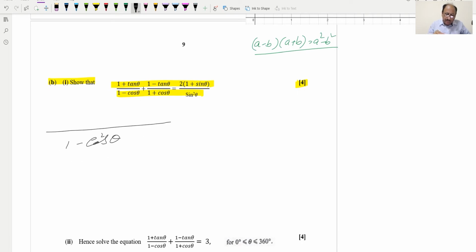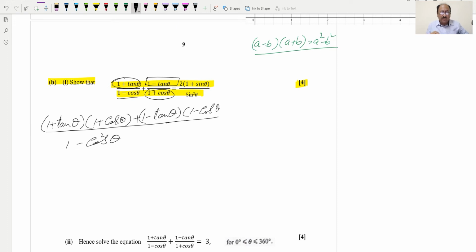Hopefully you got this. Now this one multiplied by this one, we will write 1 plus tan theta into 1 plus cos theta, and plus this will be multiplied by this portion, so 1 minus tan theta into 1 minus cos theta, and this will be a term.